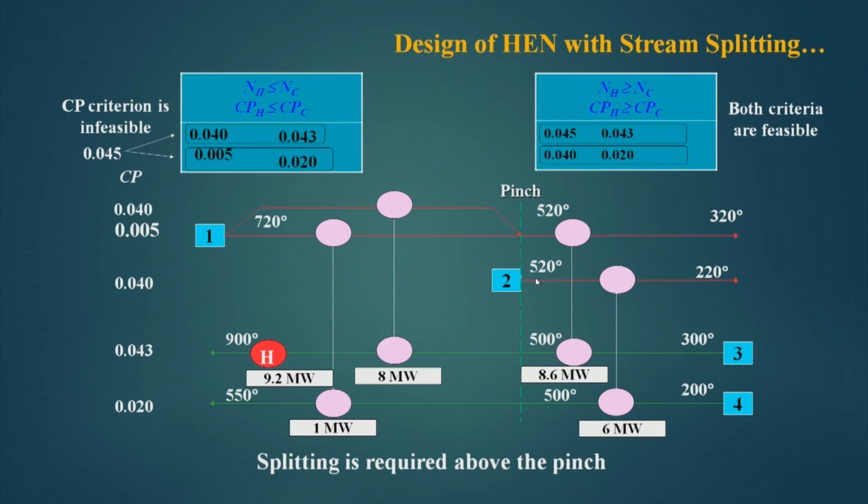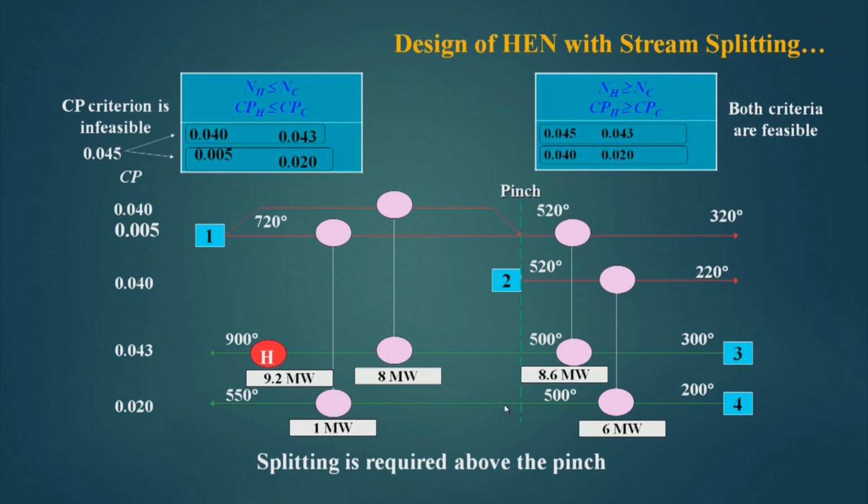So, the second match is, but this was the left-out hot stream. So, the second match is between this and this, which is between 0.04 and 0.02, and this meets the criteria CPH greater than or equal to CPC.